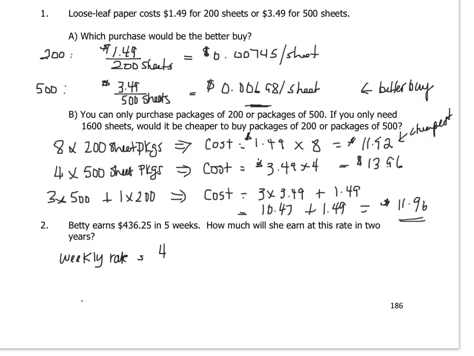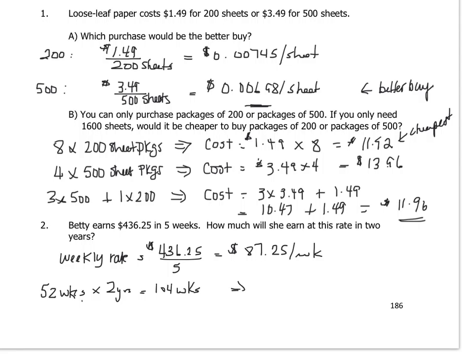So the weekly rate would be $436.25 divided by 5, which is $87.25 per week. And there are 52 weeks in a year times 2 years equals 104 weeks.